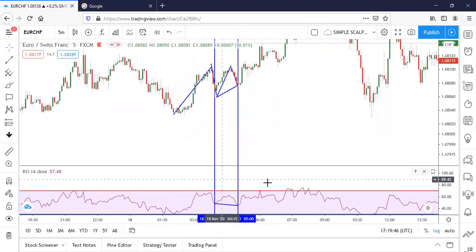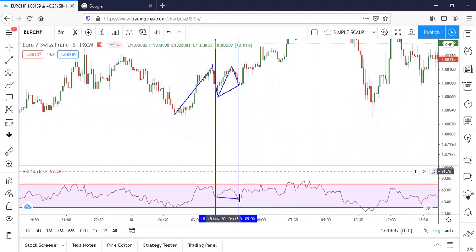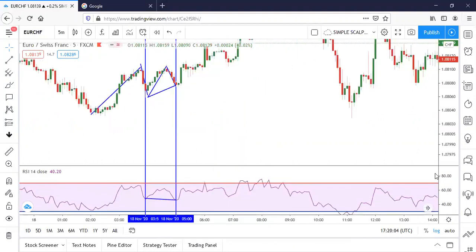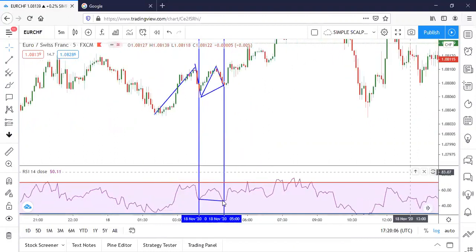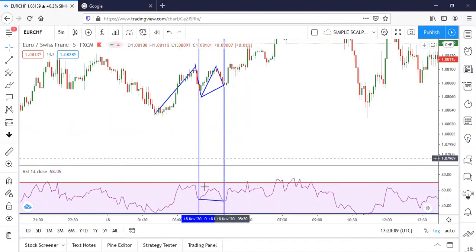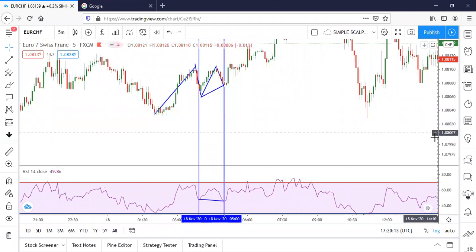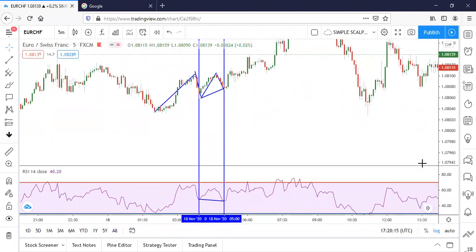The one I showed you earlier was okay, but this one is more mixed up. Some of you may be thinking, why is this one different from that one? It's still the same thing, but this one is the most perfect one. That one was an irregular hidden divergence. This one is the regular one.